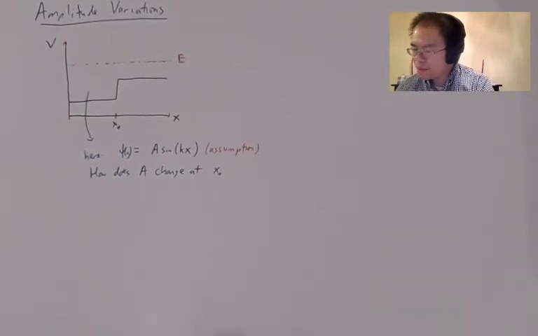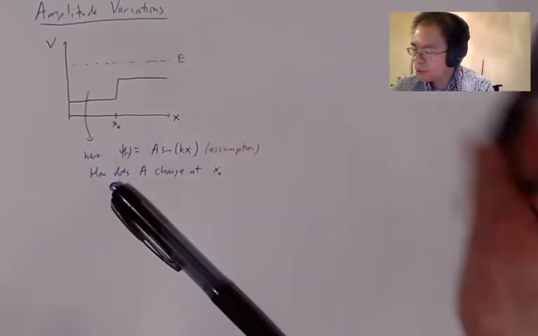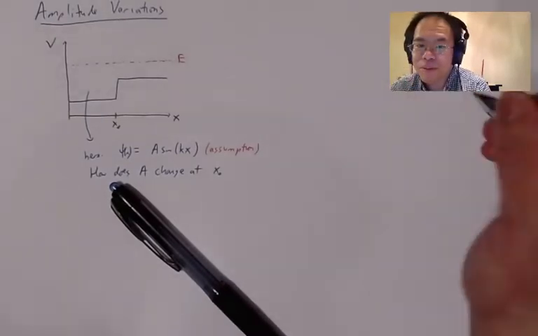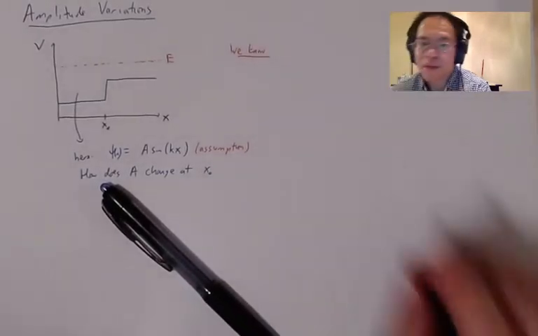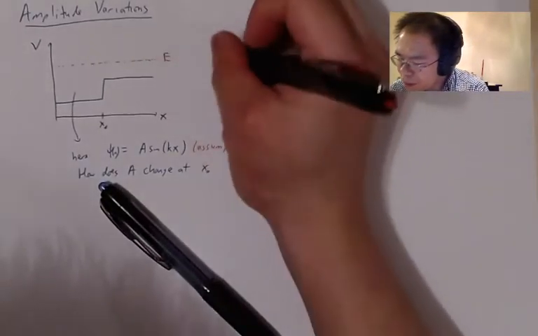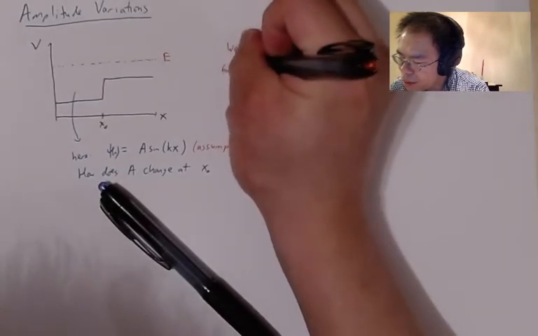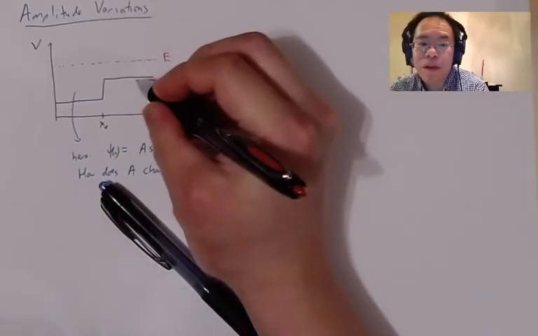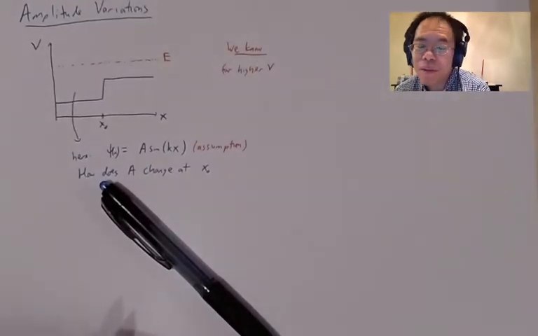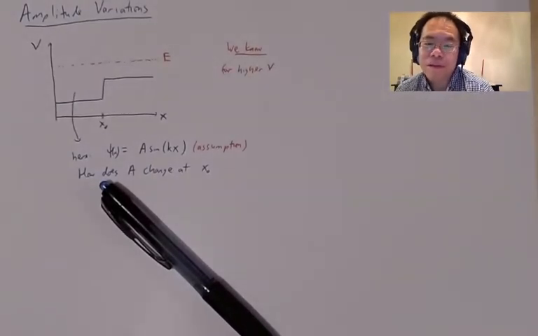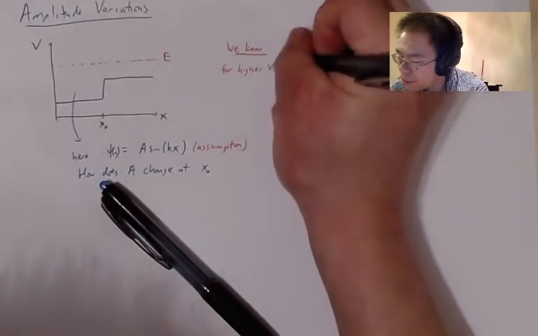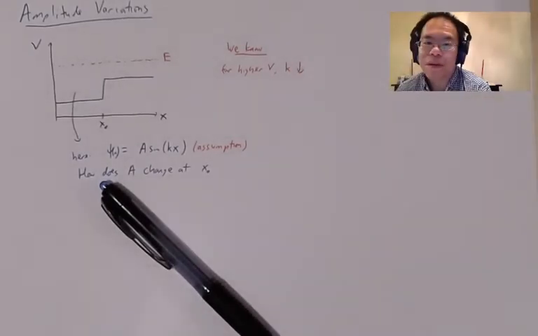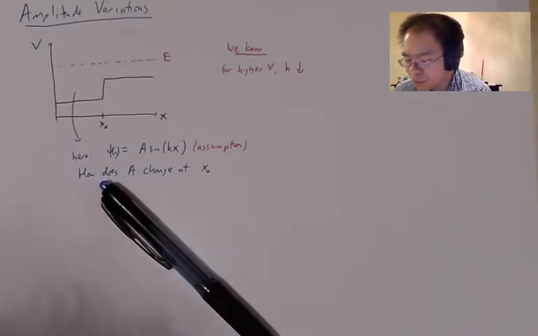So we know a couple of things. Here are the things we know. For higher V, so on the right here, we know that the wavelength increases, or that the wave number goes down, and that we got from analyzing the time-independent Schrodinger equation.